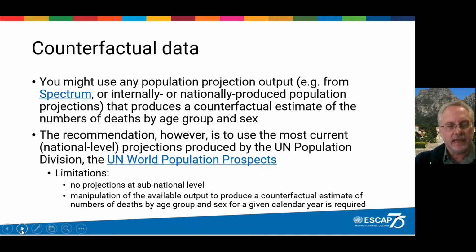And as we saw with the data which we used to create the evaluation and the counterfactual for the evaluation of ages of mother at birth, we will need to manipulate the available output from the UNWPP to produce the counterfactual estimate of number of deaths by age group and sex for a given calendar year.